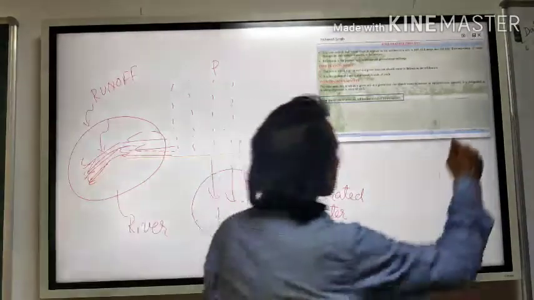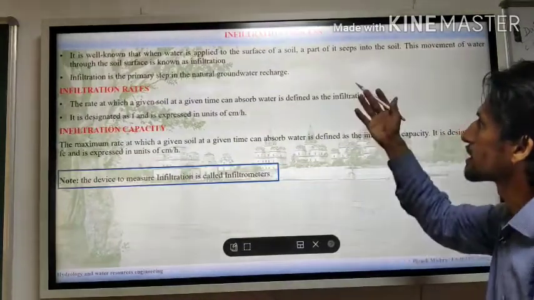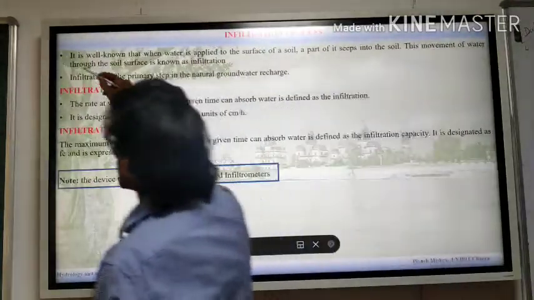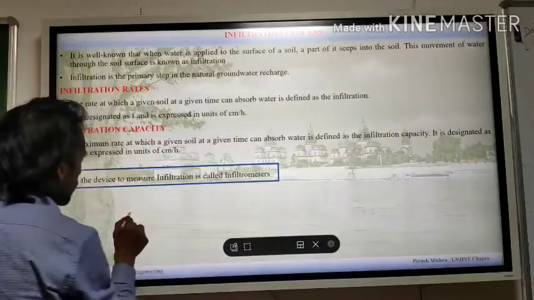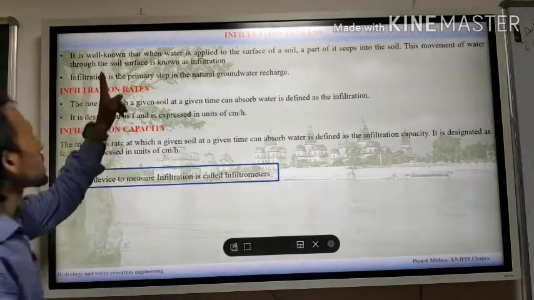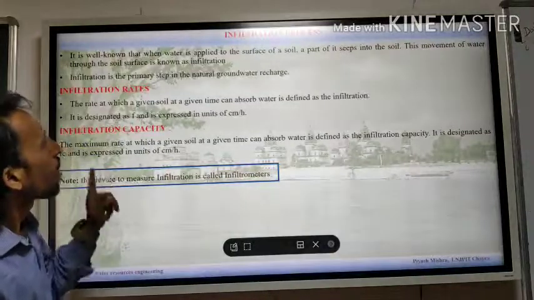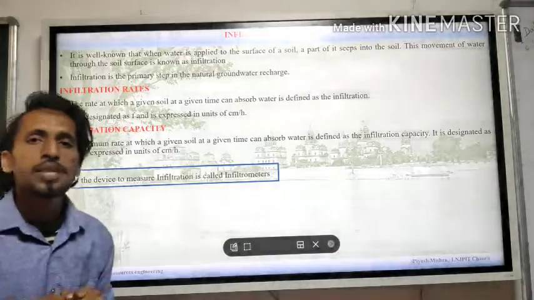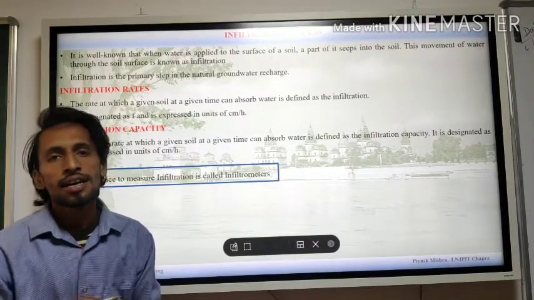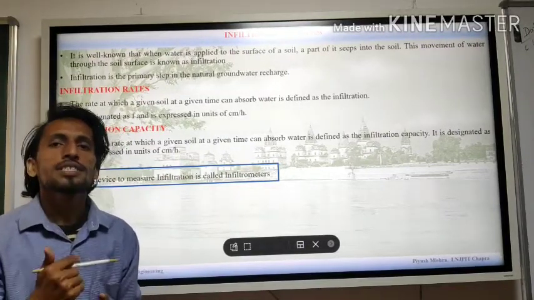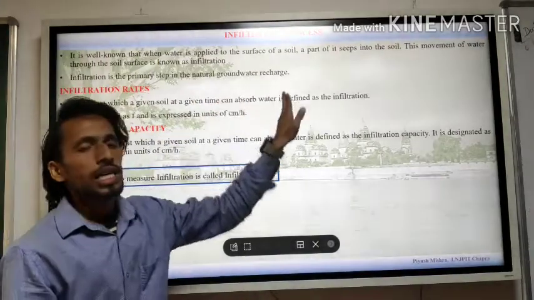If you see here, the same point has been explained from the first bullet point. Now the second bullet point says that infiltration is a process which finally leads to groundwater recharge.